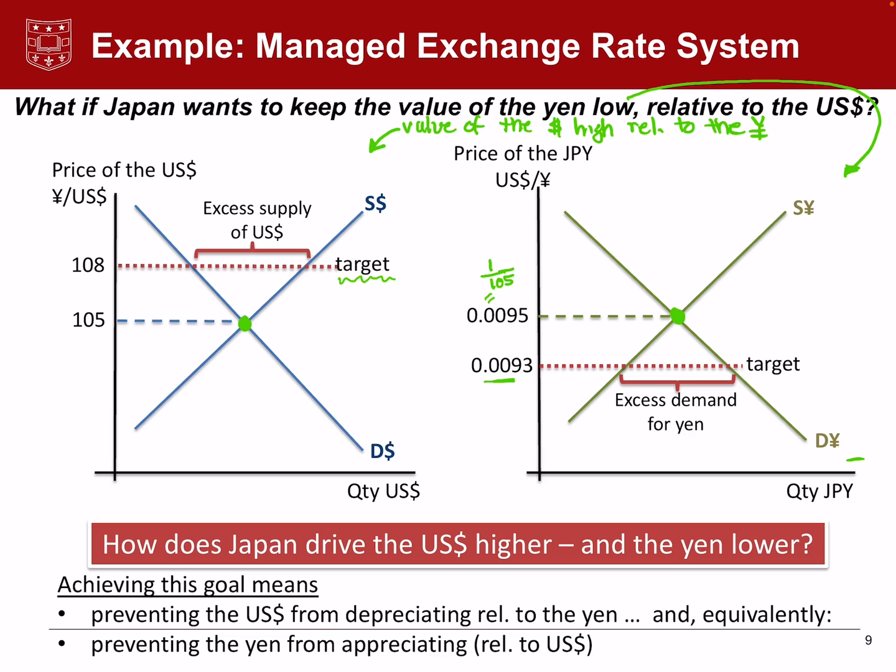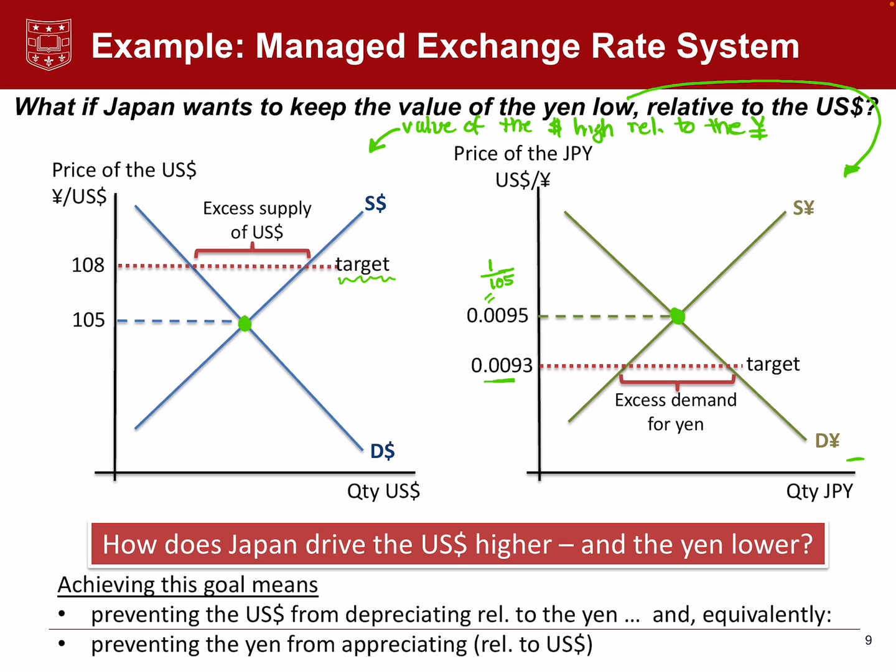So again, the more abundant anything is, whether it's dog food or cars or yen, other things equal, the lower will be its price, and the relatively more scarce something is, the higher will be its price. So to drive the value of the dollar higher and the yen lower will mean that from Japan's point of view, it needs to prevent the dollar from depreciating.